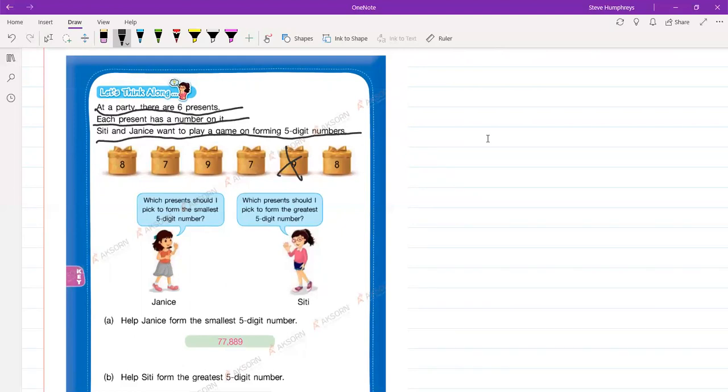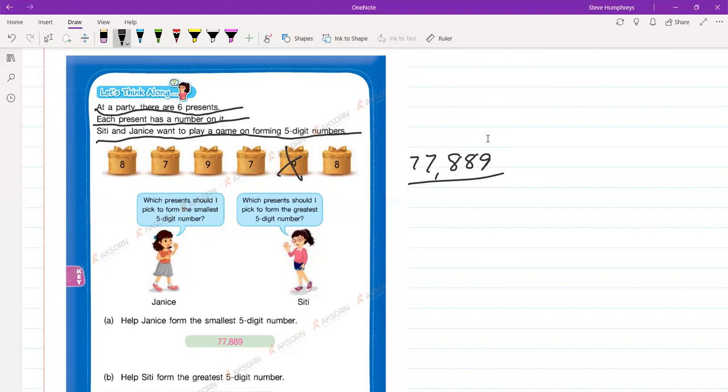For example, we put your 2 smallest numbers first, 7, 7, comma, and then it would be 800 and 80 and 9. That will be your smallest 5-digit number that you can make from those 5 digits. Okay?